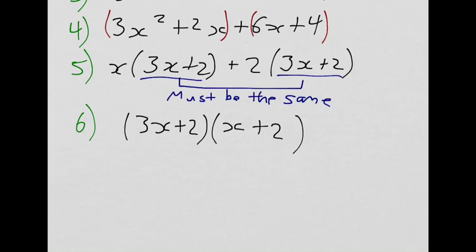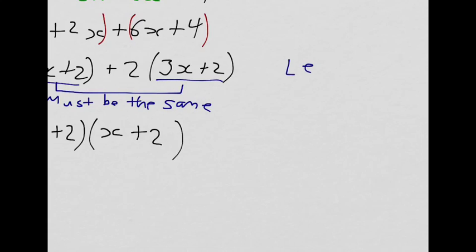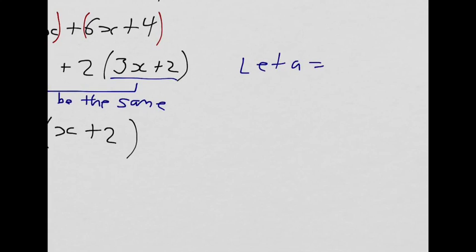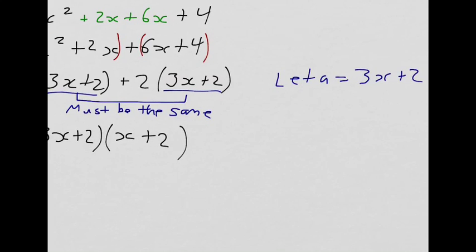I'm going to do a little bit of an aside here to help you believe that that makes sense. You'll remember we did problems where I said, let some letter like A equal 3x plus 2. Then I replace this and this with A. So that gives me ax plus 2a. Then I do greatest common factor, so I factor out that a, and that leaves me with x plus 2.